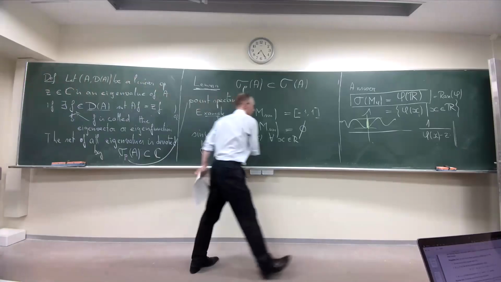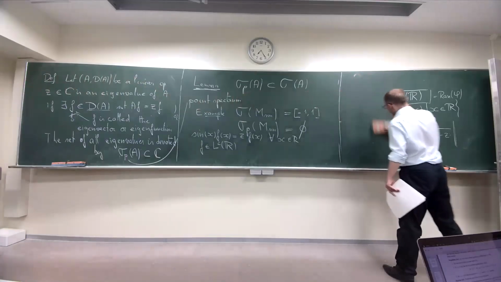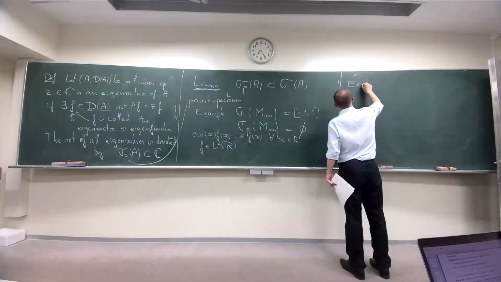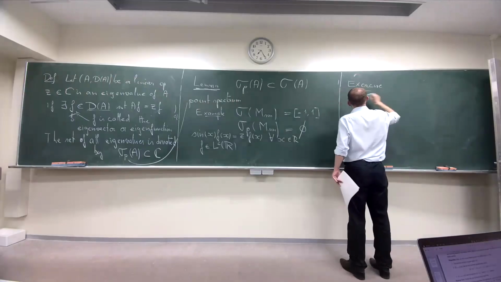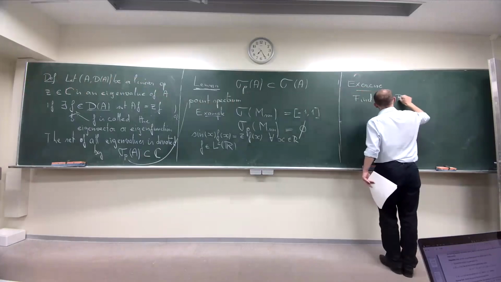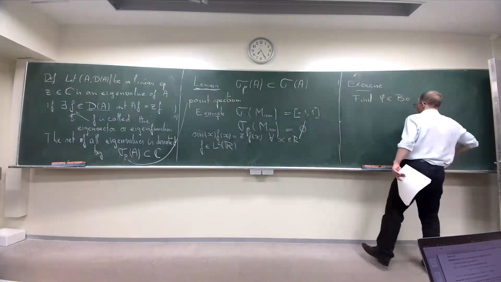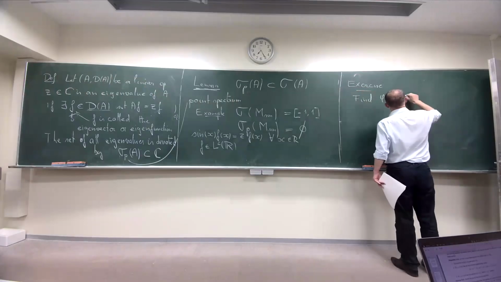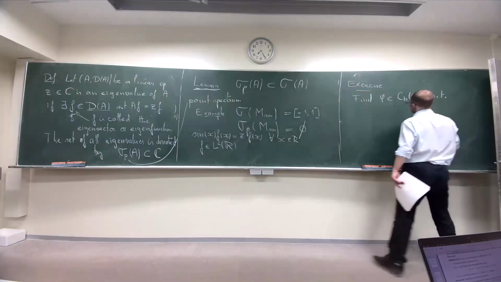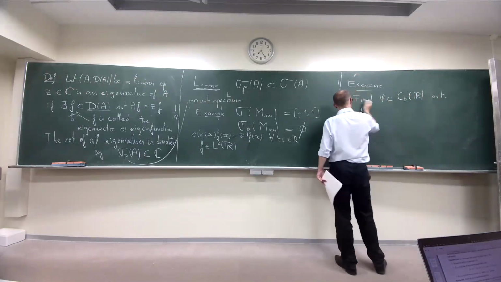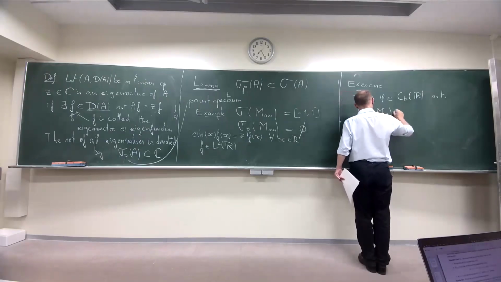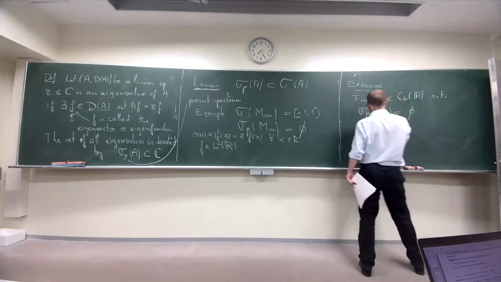So new question for anybody? It's an exercise. Find phi bounded and continuous, in CB, so that the point spectrum of M phi is not empty.